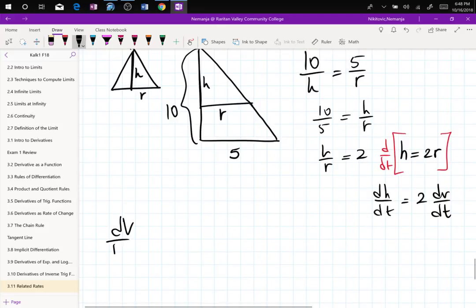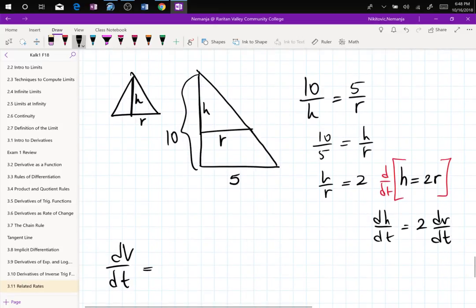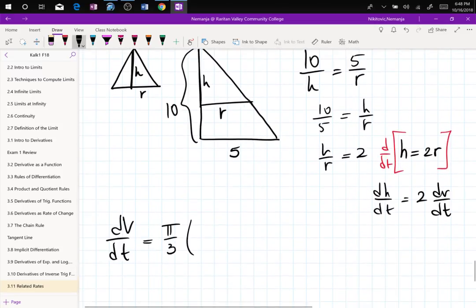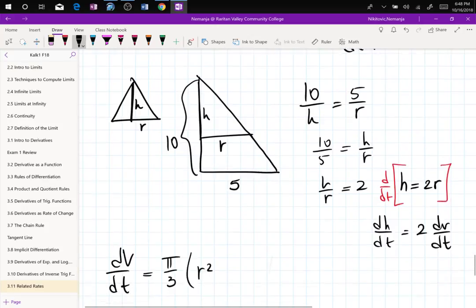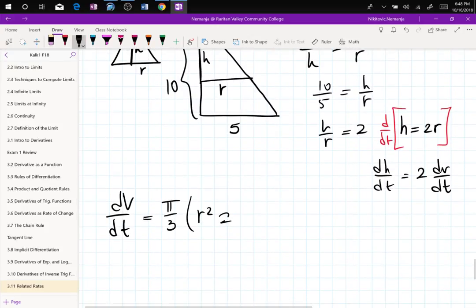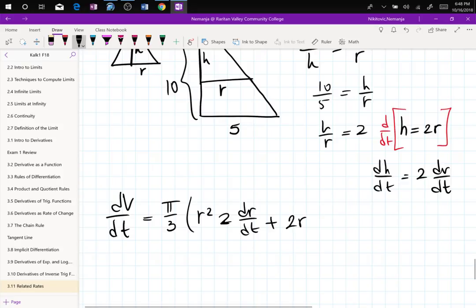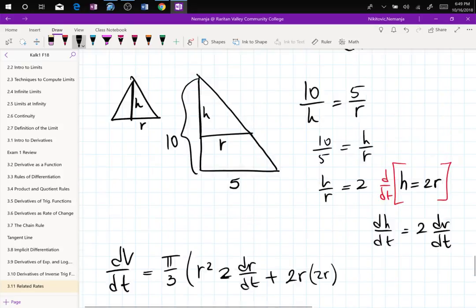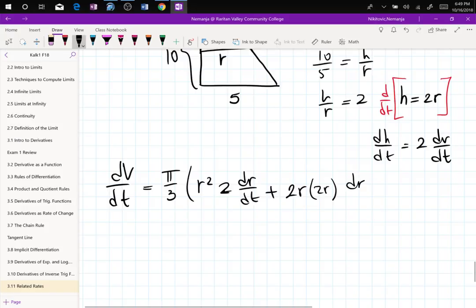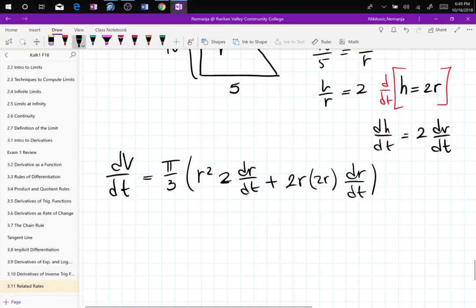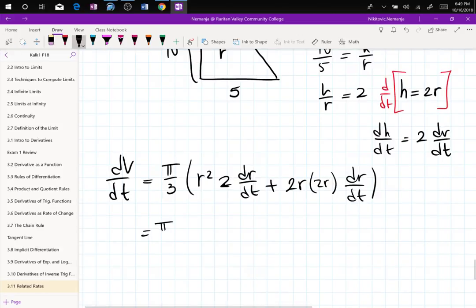So now your dV/dt is equal to pi over 3. Now remember, we are eliminating h. So we have r squared, and instead of dh/dt, I have 2 dr/dt, plus I have 2r and then h. So 2r, and instead of h I have another 2r, and then I have dr/dt. When you carefully work this out, what do you get?